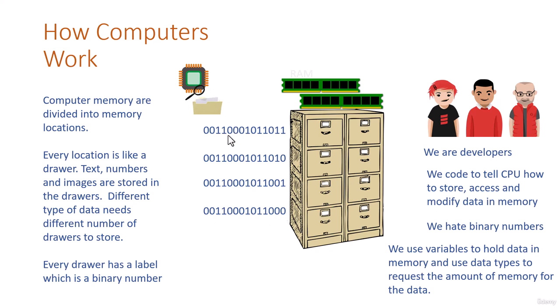The CPU can make use of these labels to identify in which location the data is stored. The CPU reads data and instructions from computer memory, processes them, and saves them back to the computer memory when it's done.